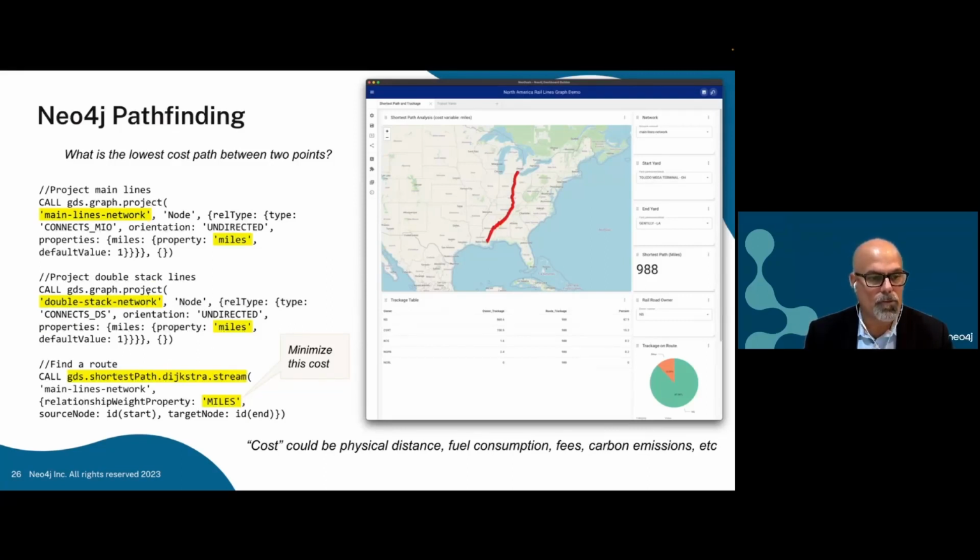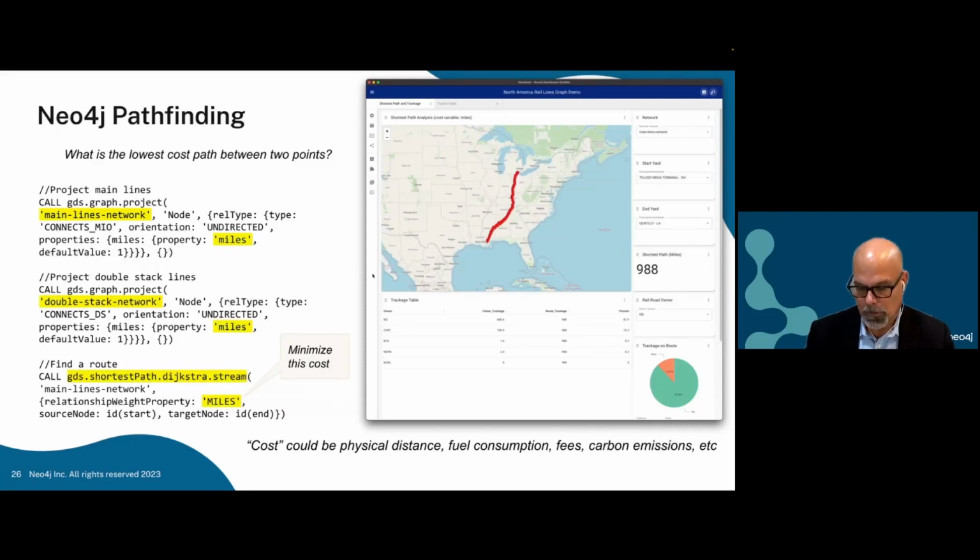So having these two projections up in memory then allows us to pick a route. We pick which of the projections we want to do our pathfinding on, and then you can see here where we ask the algorithm to minimize for the aggregate value of miles, and it will search the entire network and come up with the shortest path.